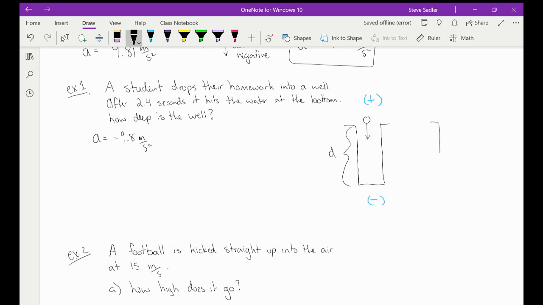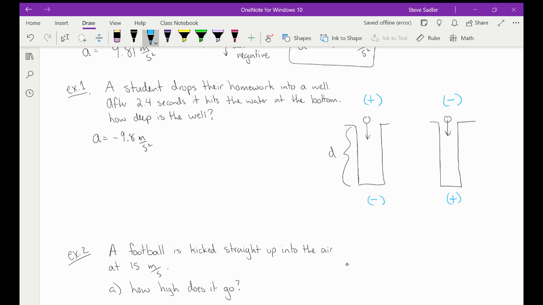Sometimes, when everything is happening in one direction, for example, in this example, they're dropping their homework into the well, so everything's happening downwards, it does make the math a little bit easier to make the direction that you're moving the positive direction, and the other way would be the negative direction, because the whole problem is happening in one direction, right?